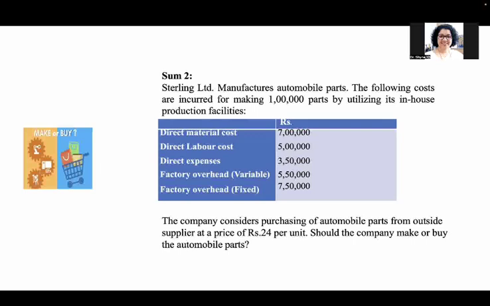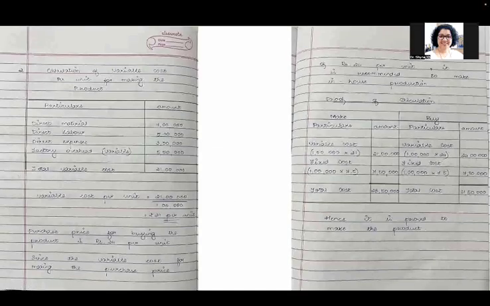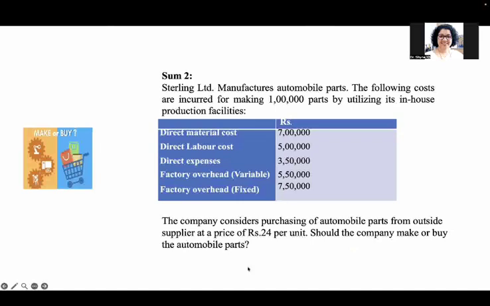To solve this problem, in the question itself, you will get different cost components such as material, labor, and direct expenses, factory overhead, factory fixed and variable overhead, all that. Also in this problem, they have given that buying the particular part from a supplier will cost 24 rupees per unit.